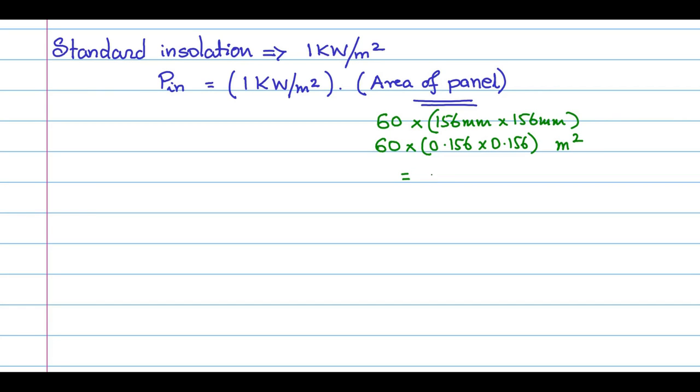This turns out to be 1.46 meter square. So P in is 1 kilowatt per meter square into 1.46, which is 1.46 kilowatts.